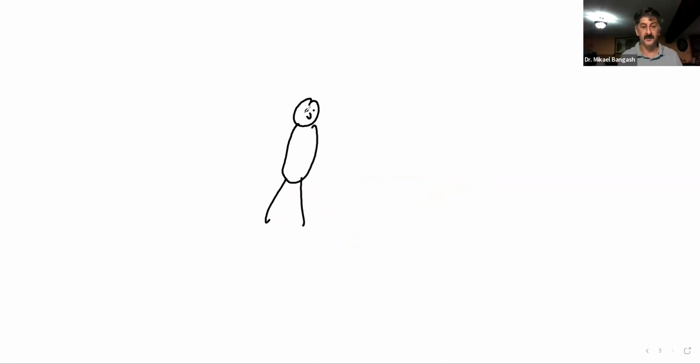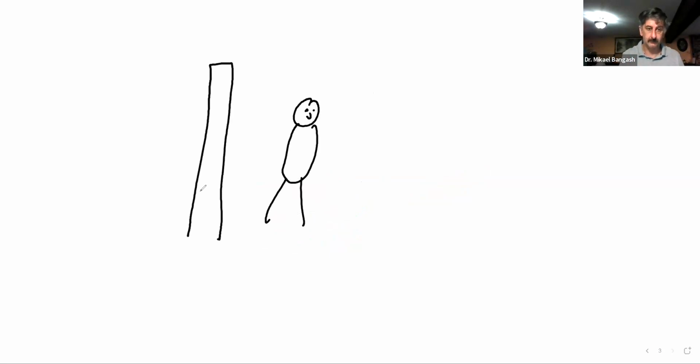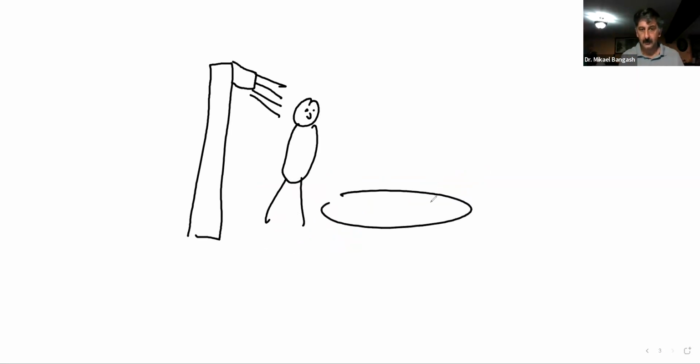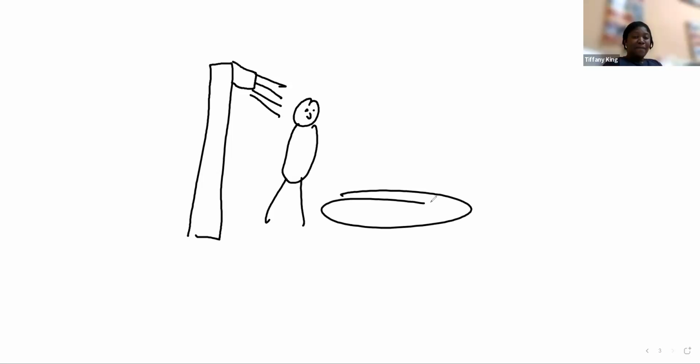Or anybody else standing. Now let's say that a light is thrown here, from this direction here. As a result of that, you will most likely see your shadow here, right? Clear?